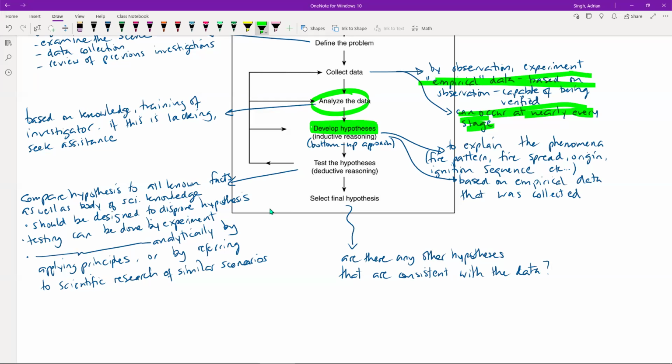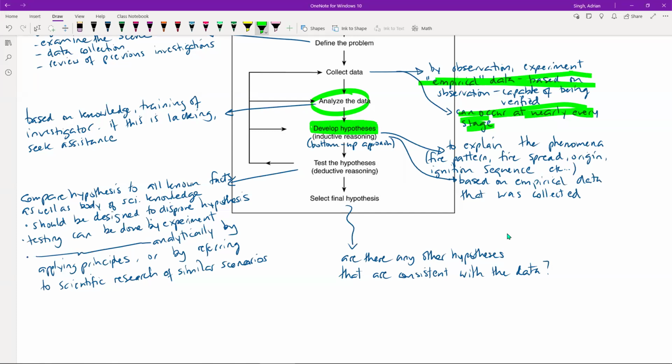You're going to develop these hypotheses based on the data that was collected and based on analysis of the data to try to explain whatever phenomenon was there, whether it was the nature of the fire pattern, how the fire spread, identifying the origin of the fire, identifying the ignition sequence, the cause of the fire, or the cause of damage, or the responsibility for the fire or the explosion or the incident.